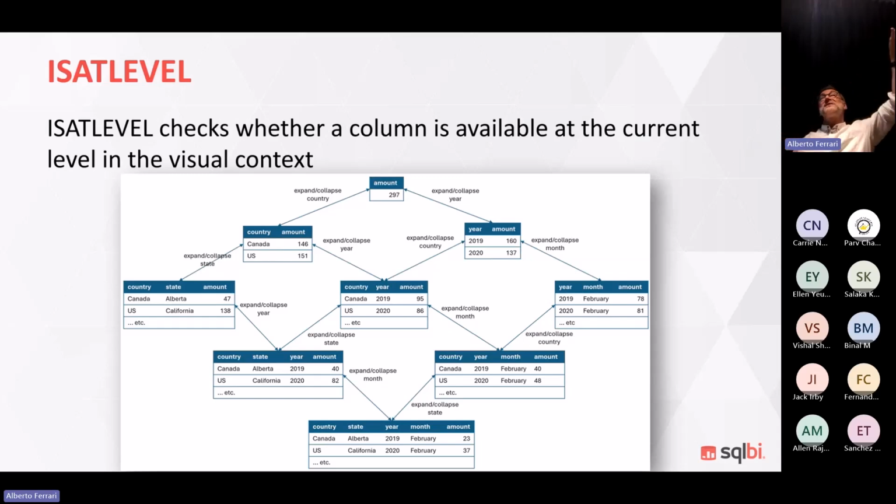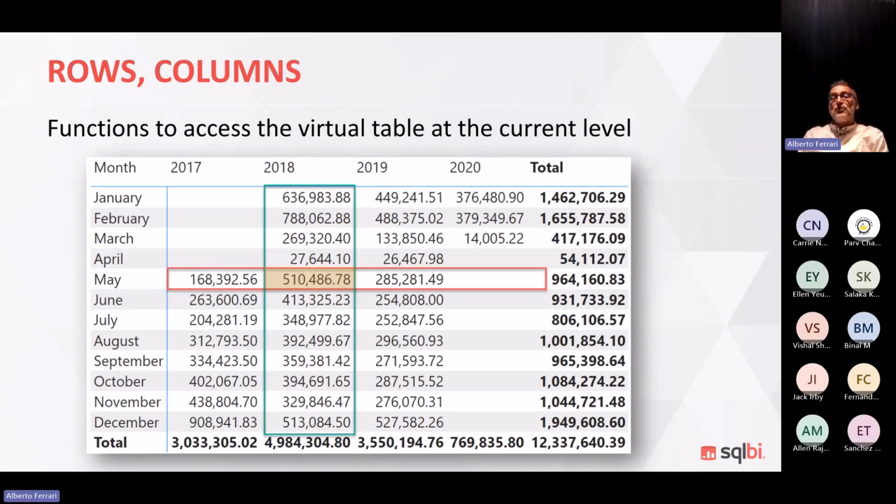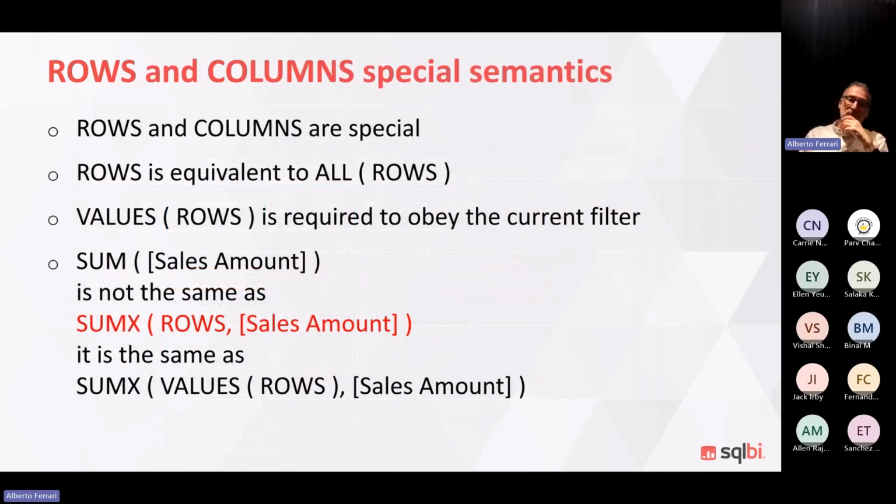You should check if it's at level country, then give me the value of the country. Otherwise, skip it. And then you have rows and columns. Rows and columns retrieve all the rows and all the columns of a table, so they give you access to all the values. You can use them with window functions, SUMX, iteration, count rows, any operation, just a table that undergoes different semantics. And we have already seen that.